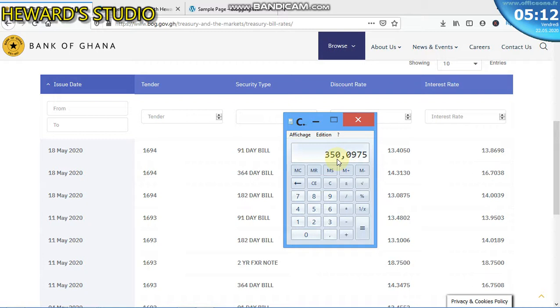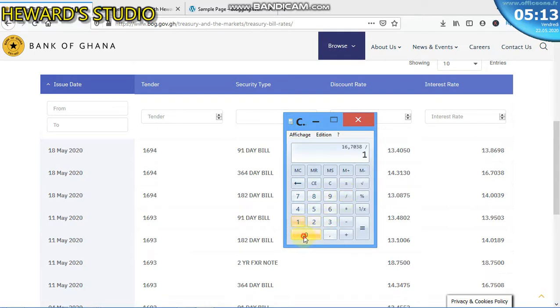So you can use this simple method that I use to calculate the treasury bill for any amount that you want to invest this week. Now let's get to the 1 year. If you decide to invest 5,000 this week in the 1-year treasury bill at 16.7038, how much are you getting?